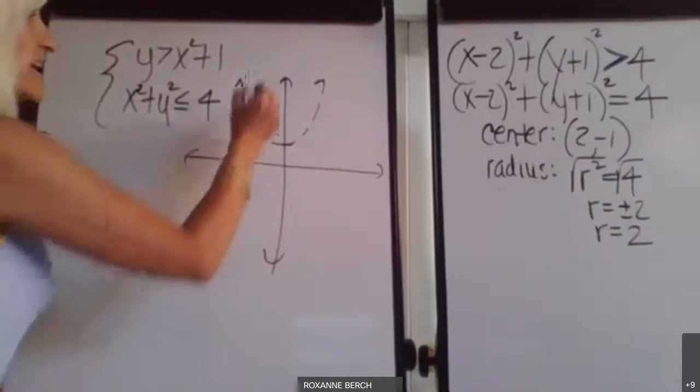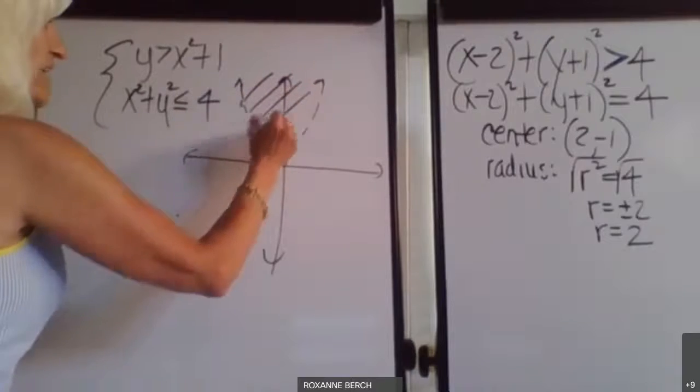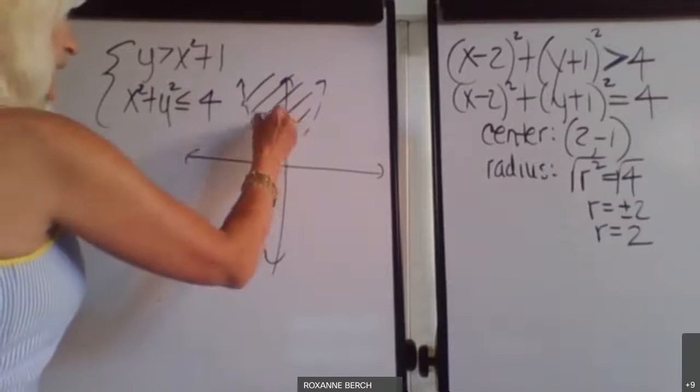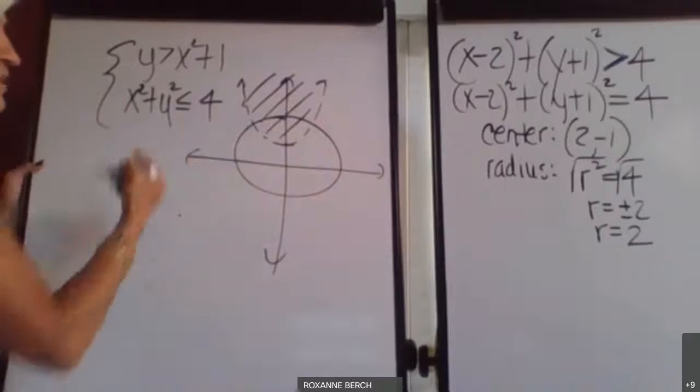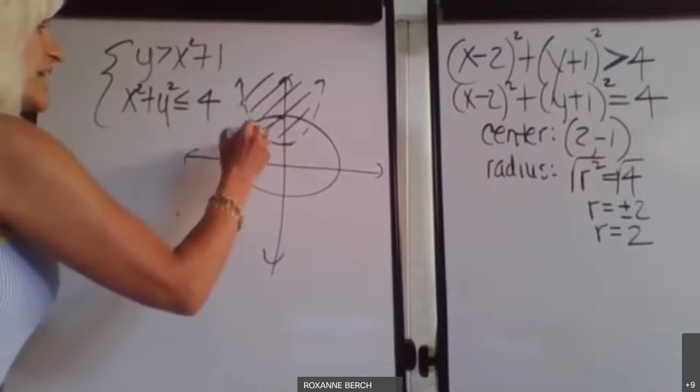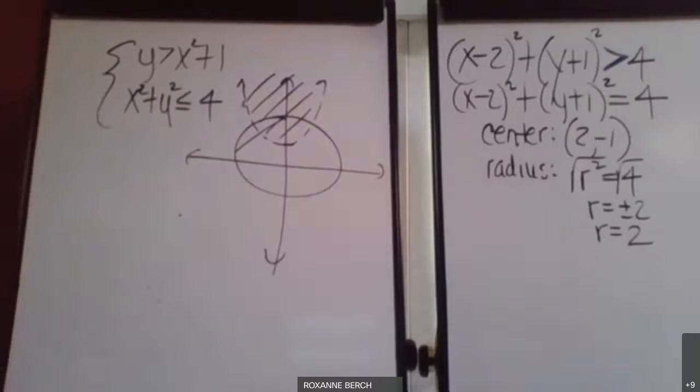And let's pretend it's shaded on the inside. Well, this is a circle with a radius of 2 at 0, 0. So this circle is going to have a solid boundary. And let's say it's shaded on the inside. Let me do another color.